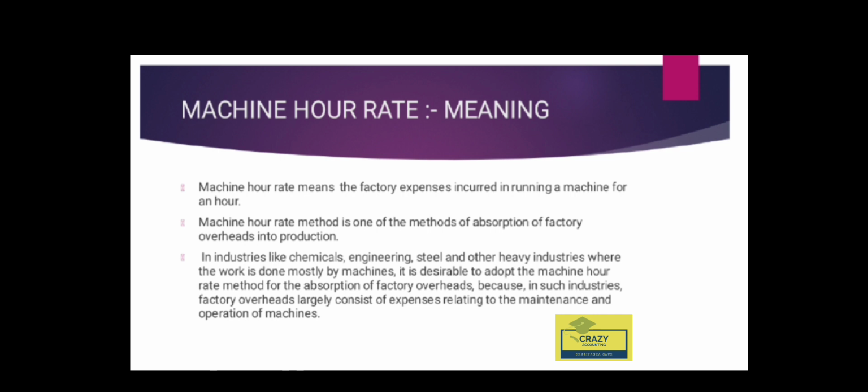The base should have a cause and effect relationship with the incurrence of the overhead cost and should be physically related to the production of the products, right? The secondary objective in selecting the method of absorption is to minimize clerical effort and cost.